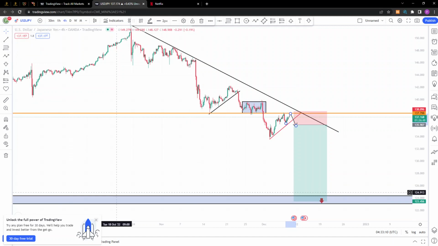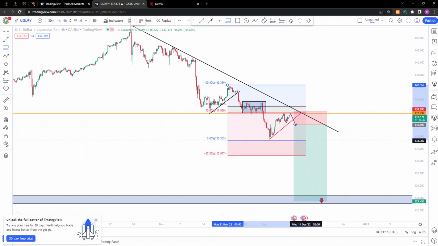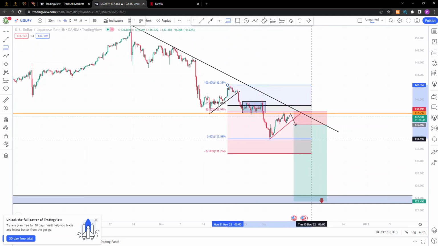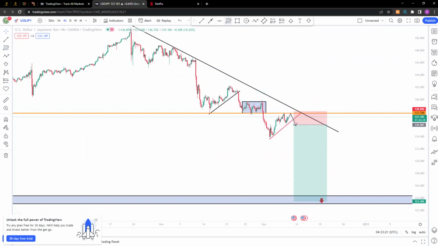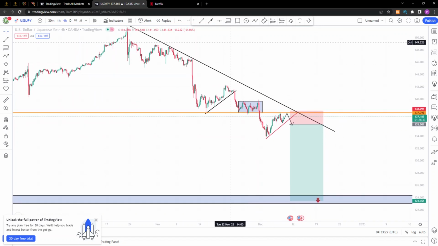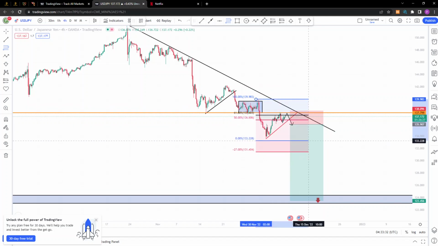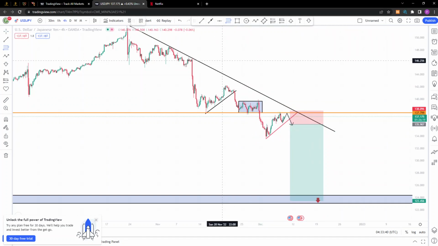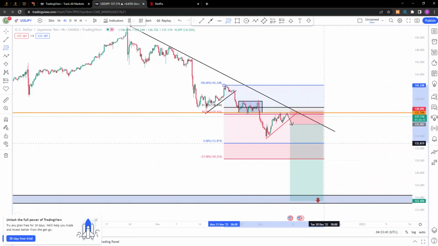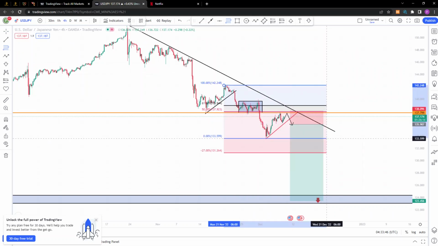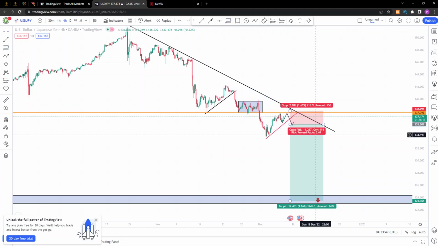Let's see one more. I want to see if fib levels are actually in place, from swing high to swing low. Alright, so fib levels: I can see price has tested into the 50% retracement zone.